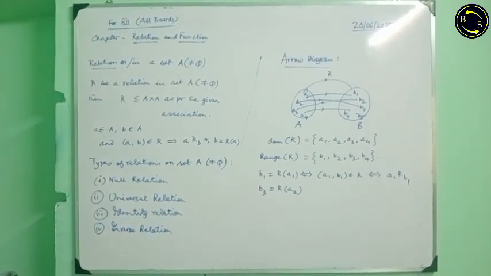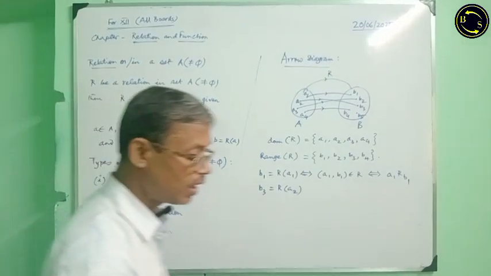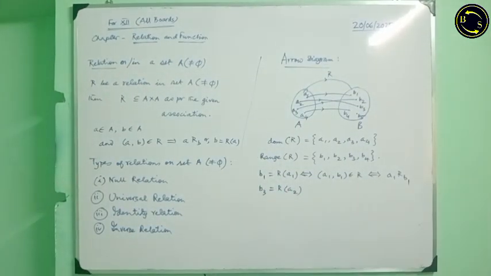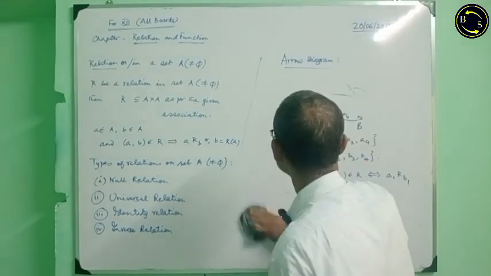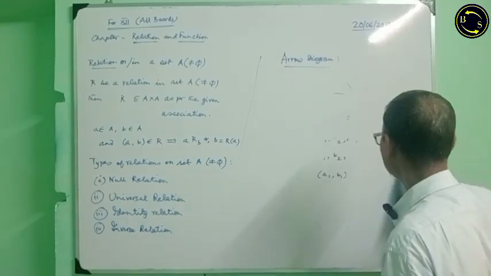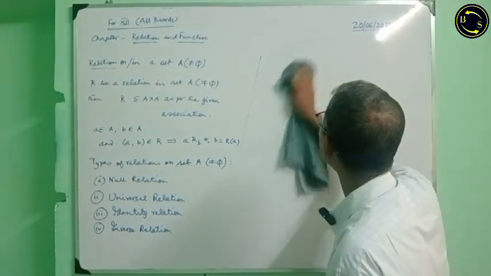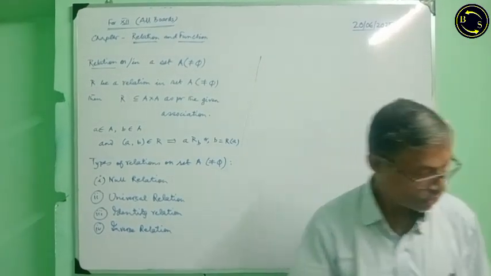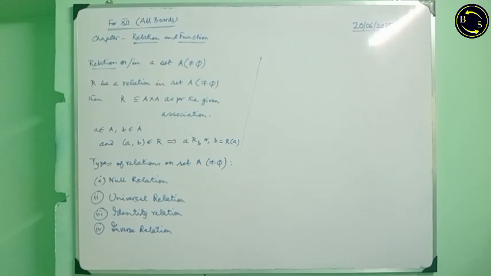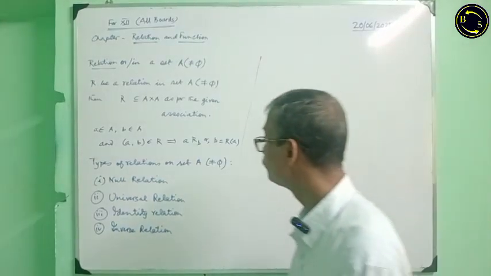Already in case of relation from set A to set B, I have discussed null relation. The sense of null relation on a set or in a set is the same. That means no ordered pair AB will be found satisfying the given association.